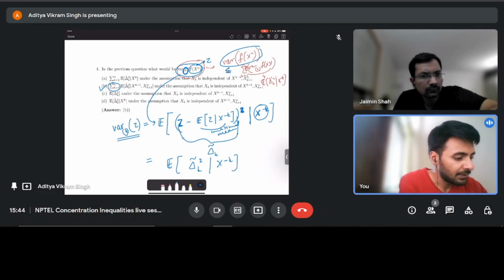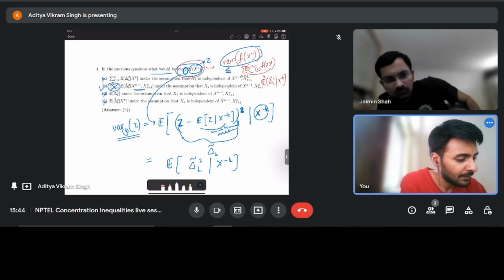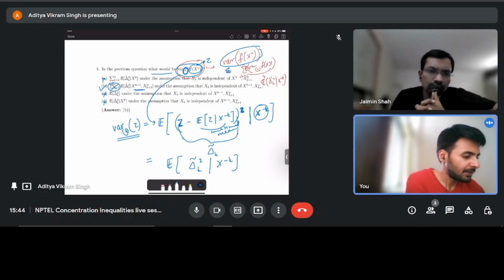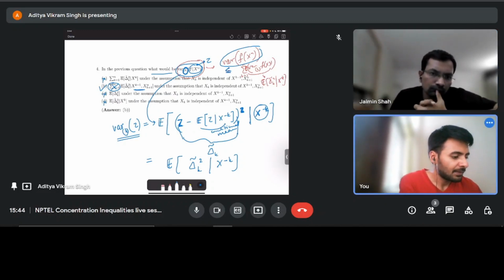So the question says what would be, so there are complications. If you just remove this summation, B is correct. You need this conditioning, and the other options don't have it, so we'll just remove the other options. But otherwise, as the question is written, no option is correct if we also include the summation.